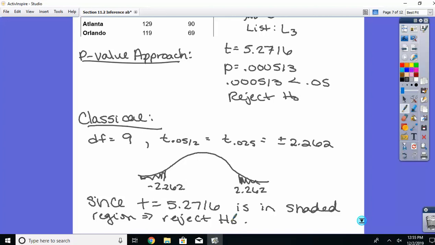I didn't really talk about how to do the T value by hand. We just got it off our calculator. Are you interested? We'll go through it. Okay. So define the T value by hand.